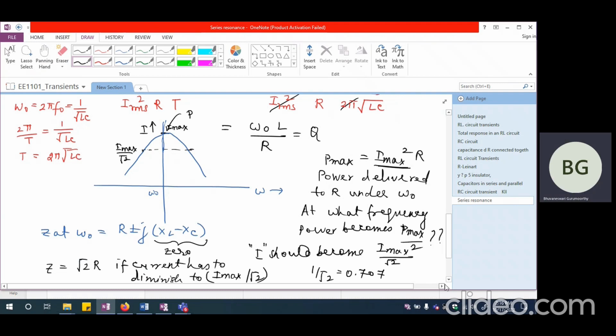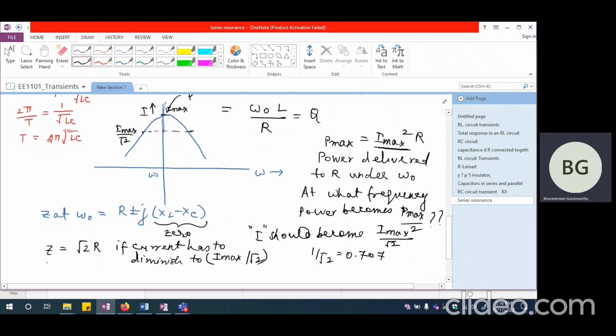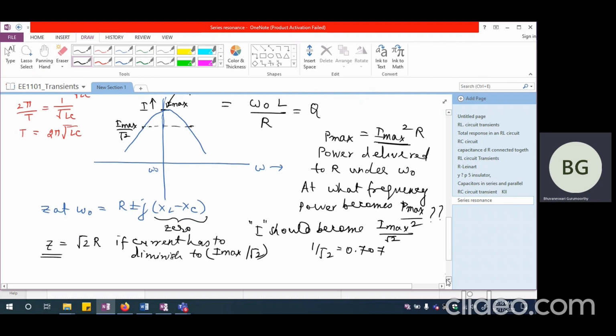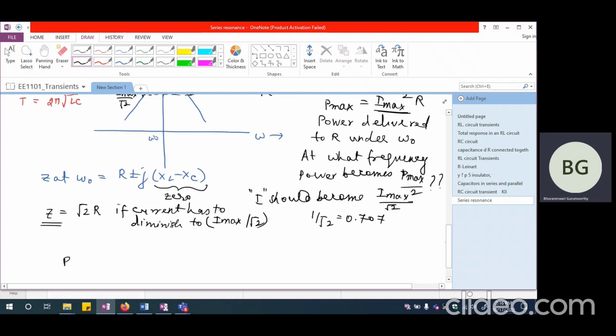So if the current has to become 1 by root 2 times, you should have the impedance to be root 2 times R. If I had R plus or minus JR as the impedance, then I'm going to have root 2 times R, because R square plus R square, square root, that is square root of 2R square, which becomes root 2R.